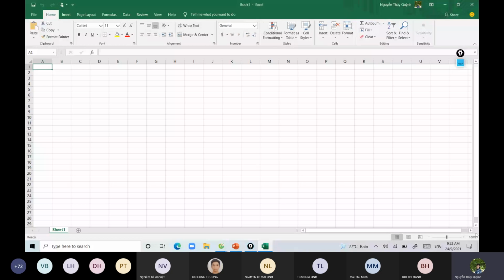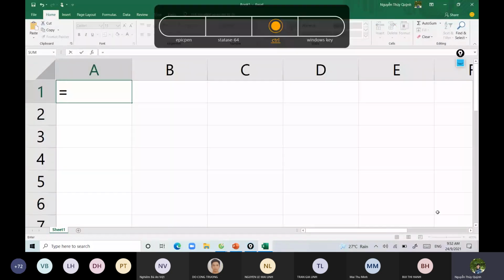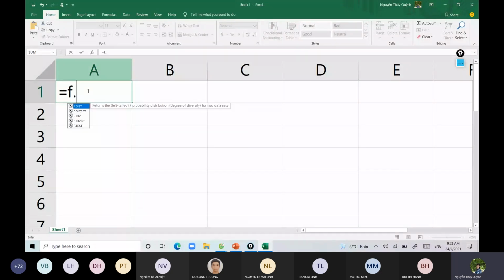You can use this function, F.INV.RIGHT TAIL. Remember that the F test is a one-sided test, and we test to the right of the F distribution.